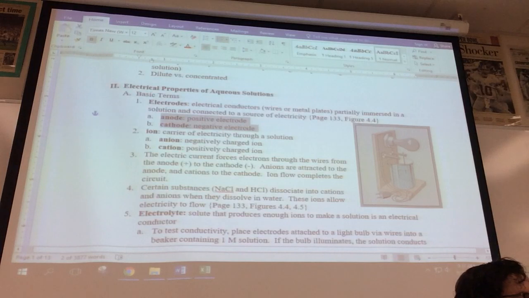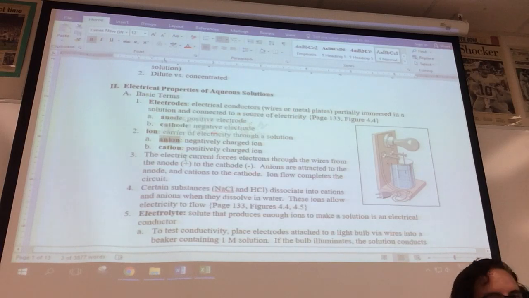Anode and cathode are your electrodes. One's positive, one's negative. You don't actually have to know which is which anymore. What carries the electricity through solution is the ion, and you know that anions are negatively charged, like a sulfide ion, S2 minus, or a cation such as calcium 2 plus.